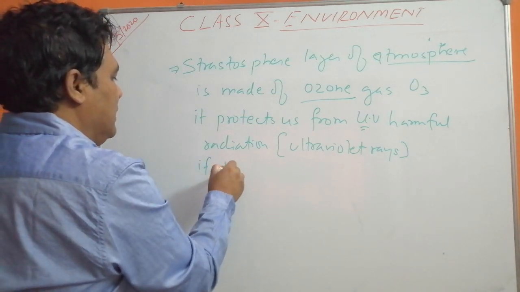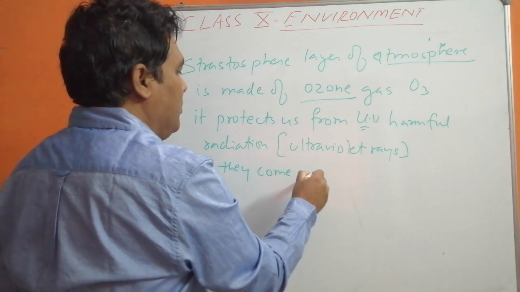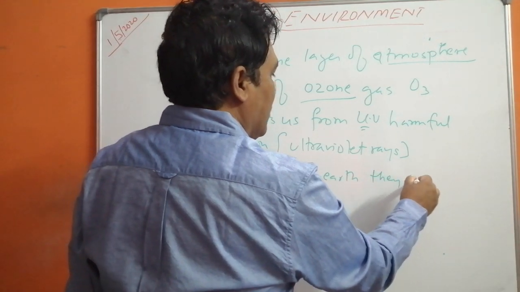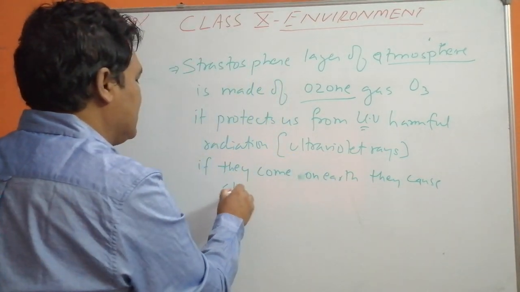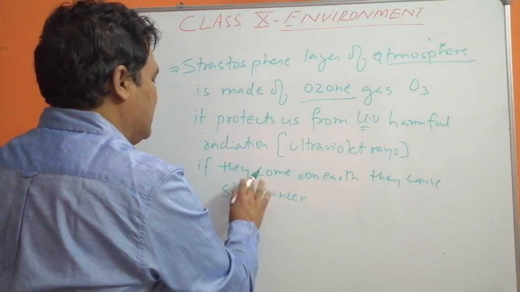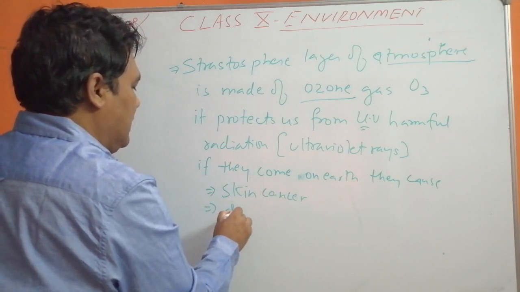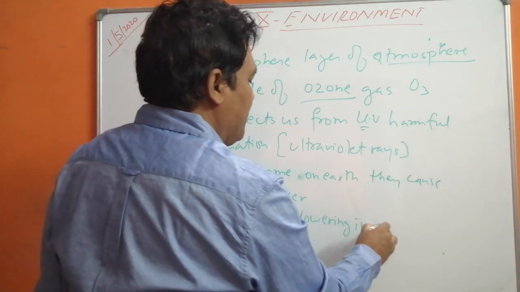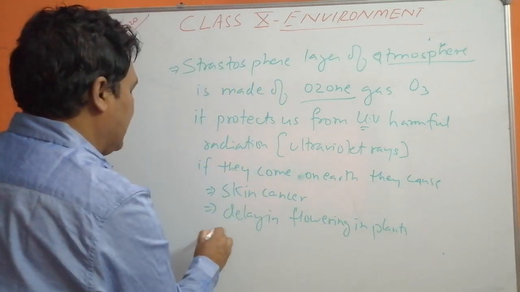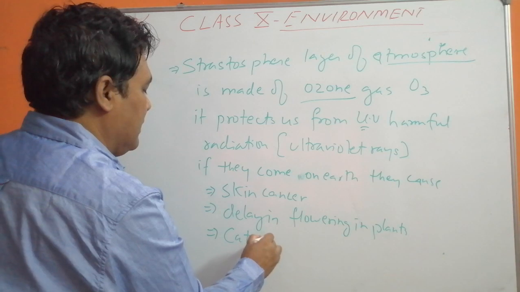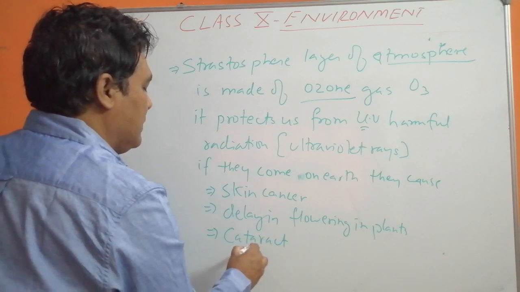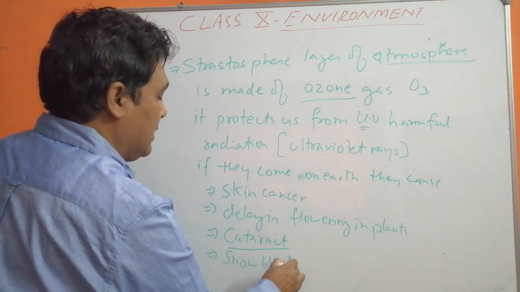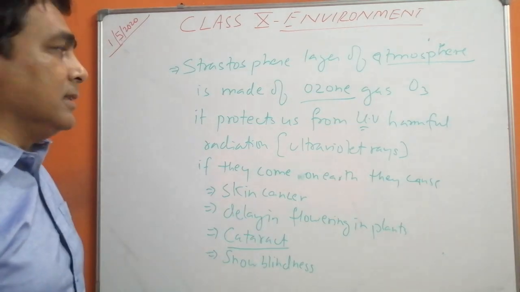If they come on earth, they cause skin cancer, delay in flowering in plants, then cataract, snow blindness, and other genetic diseases.